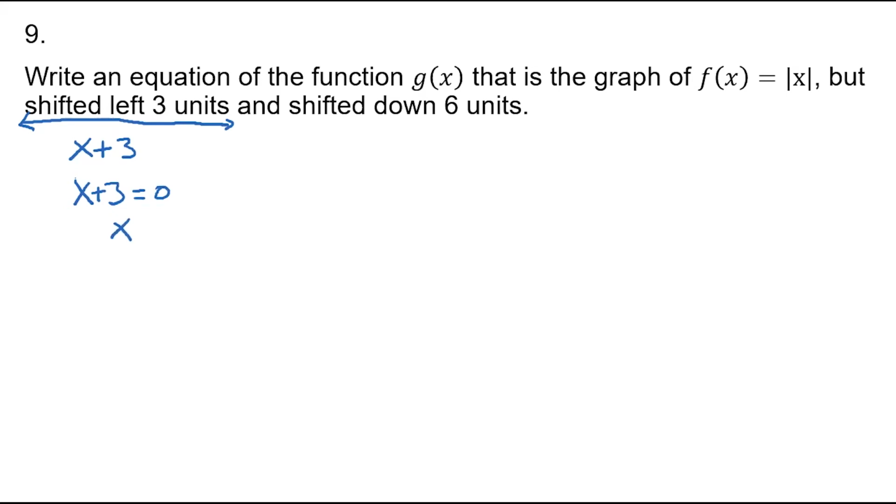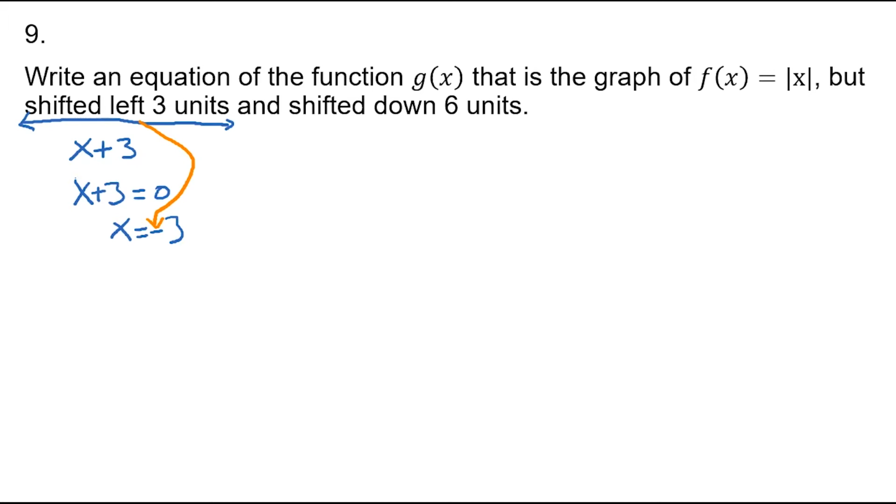And when you solve for x, I get x equal to negative 3. The negative sign indicates that this graph is shifting to the left. And then the 3 means that it's shifting to the left 3 units.